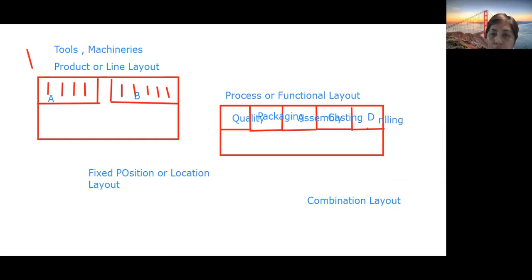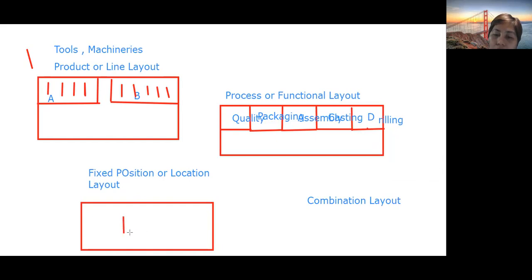Okay, so here in fixed position, if this is the shop, everything is just in one corner. Everything is just in one place. If this is the machine to be used, especially if the machine is heavy, then there is no need to relocate the machine.